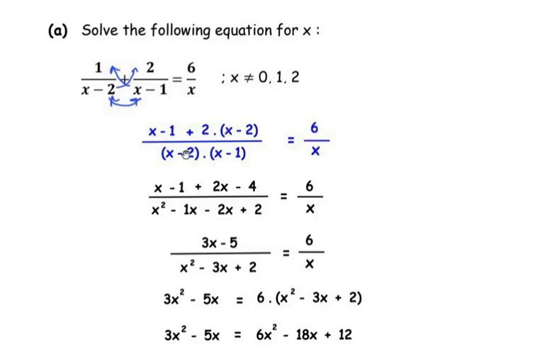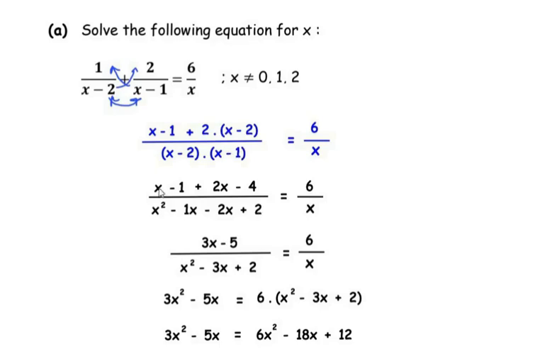Now we are going to expand these brackets, giving us x minus 1 plus 2x minus 4 over, now expanding these brackets, x times x gives x square, x times minus 1 gives minus 1x, minus 2 times x gives minus 2x, and minus 2 times minus 1 gives plus 2, equal to 6 over x.